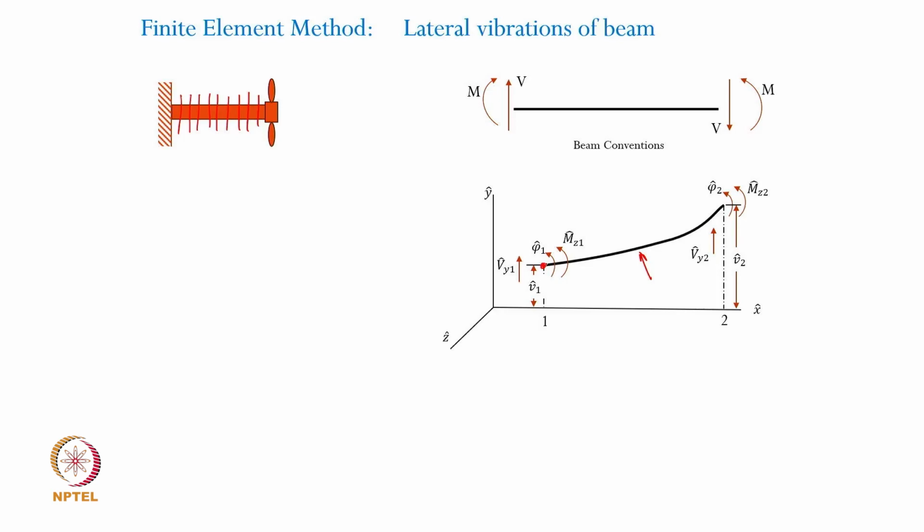So the nodal displacements will be in the form of the lateral motion v and the slope phi. Okay, so v1 cap and phi 1 cap become the displacement and slope at node position 1 in the element coordinates, and v2 cap and phi 2 cap are the displacement and slope at the second node point. So this is node number 1 and this is node number 2.